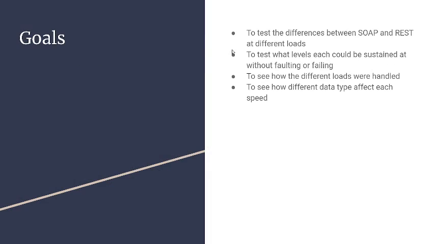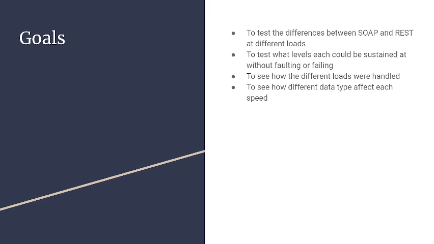Which really comes down to show that the data is affected not only by the speed, but the SOAP really just can't handle these large levels of load. The REST can very easily handle these large loads, though the response time will fall back. It won't drop any requests. SOAP does seem to drop requests, and is just overall slower in most ways.